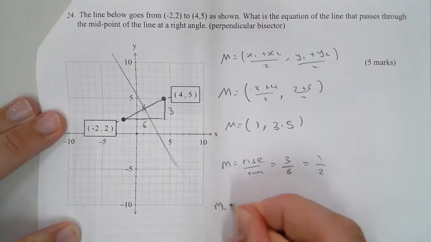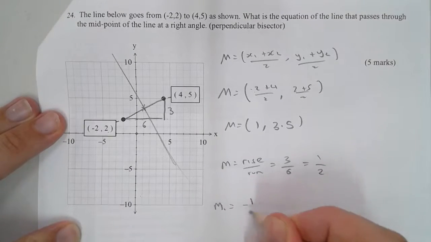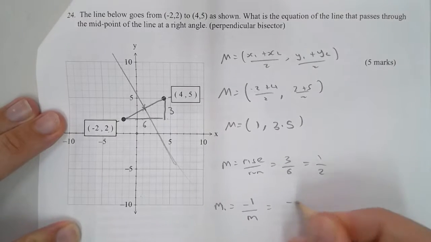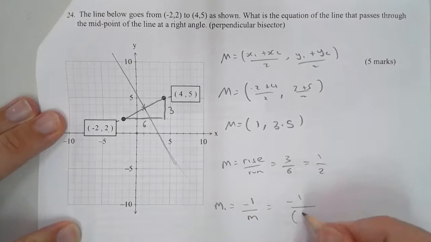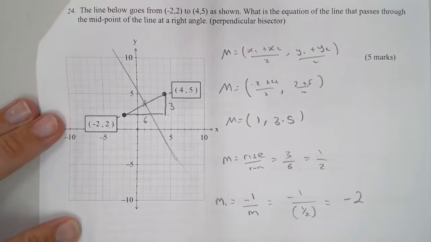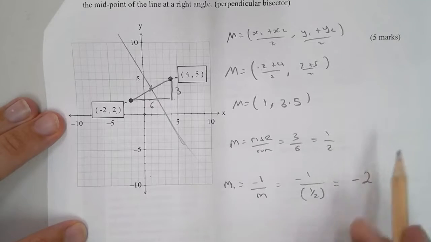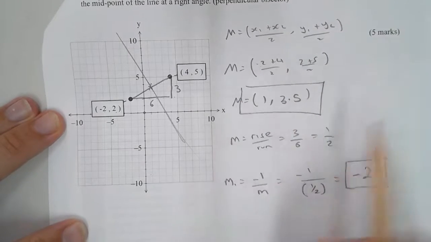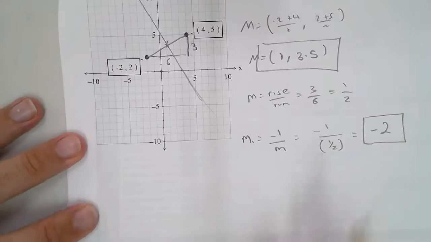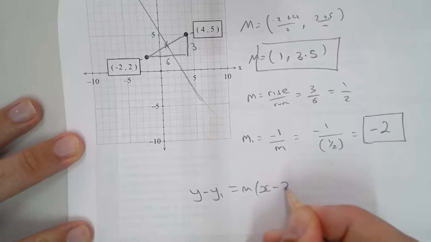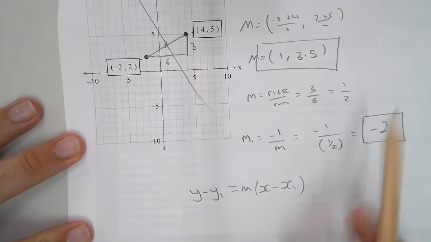Now the gradient of your perpendicular line is minus 1 divided by our old gradient. So it's minus 1 divided by a half, which will give us negative 2. So we now know the gradient of our line, and we now know a coordinate that it goes through. So all we've got to do is use our equation and substitute in this and this.